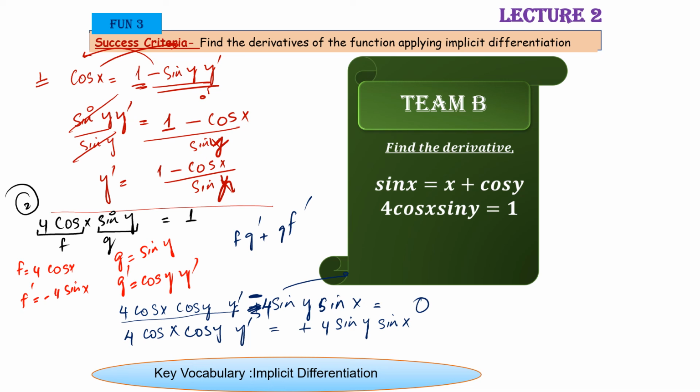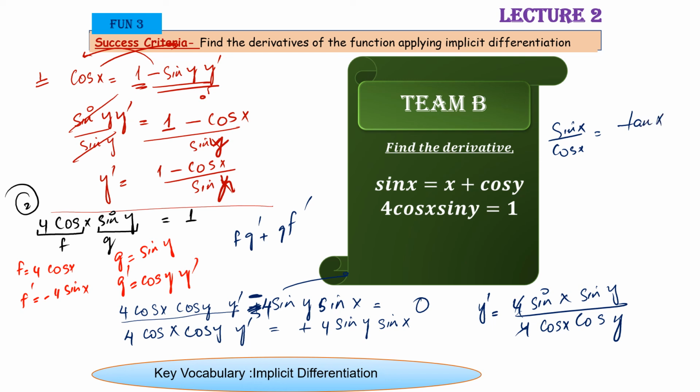Divide both sides by 4 cosine x cosine y to solve for y prime. So on the other side we will get 4 sine x sine y divided by again 4 cosine x cosine y. Now we know 4 and 4 cancel. We know that sin x over cosine x equals to tangent x.